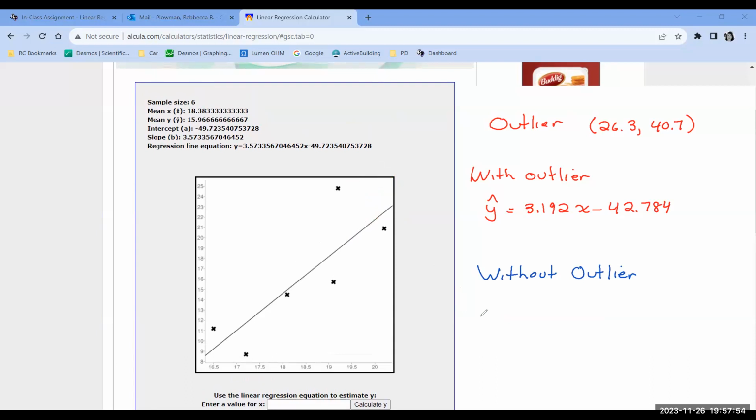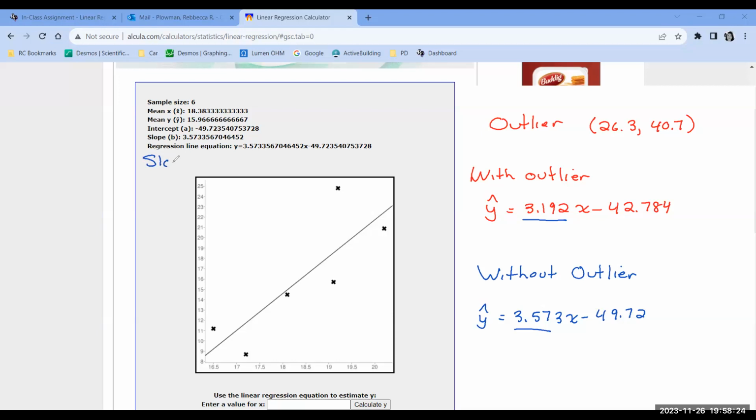And now my new equation is this. So as you see, the slope hasn't changed a whole lot. We're having maybe 3.2 people murdered every time the poverty rate goes up by a percent, to 3.6 people. That's not a big difference.